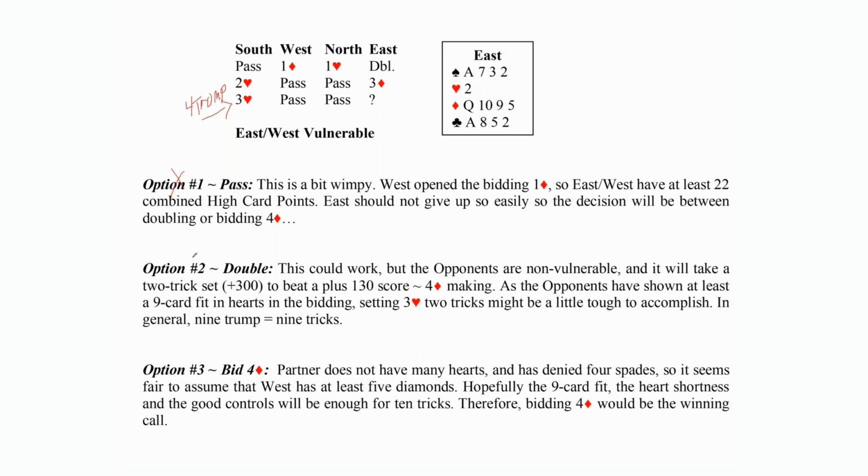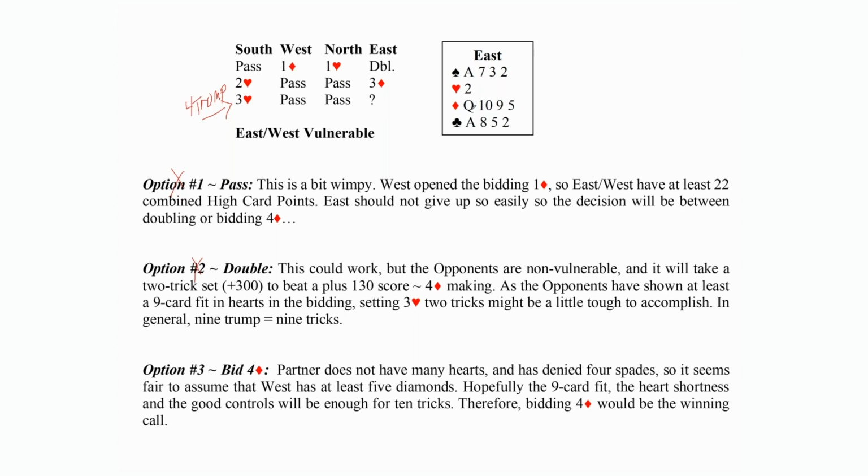And option number 3, bidding 4 diamonds. Okay, so we know partner doesn't have too many hearts because the opponents have 9 in theory, if we trust them competing to 3 hearts. And they could have 10 because North, we don't know, whether they have more than just 5 hearts. So partner doesn't have too many hearts and probably no wasted values in that singleton heart.